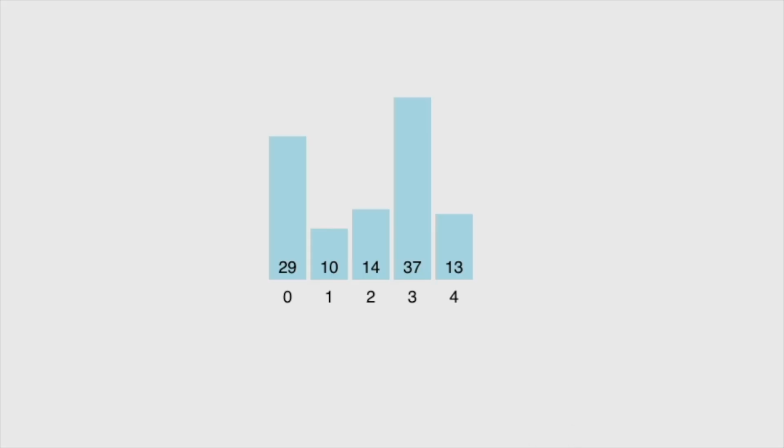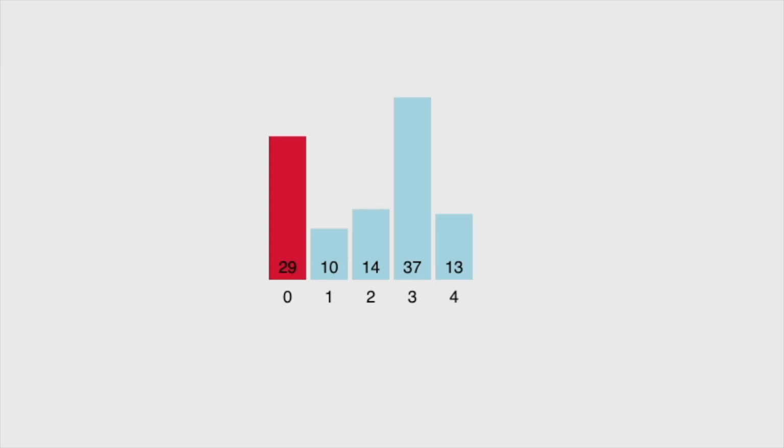Let's take a look at what this looks like with an actual array. So you see here we have the numbers 29, 10, 14, 37, and 13. What we will do first is start with index 0, so that's number 29, and we will set that as the current minimum.